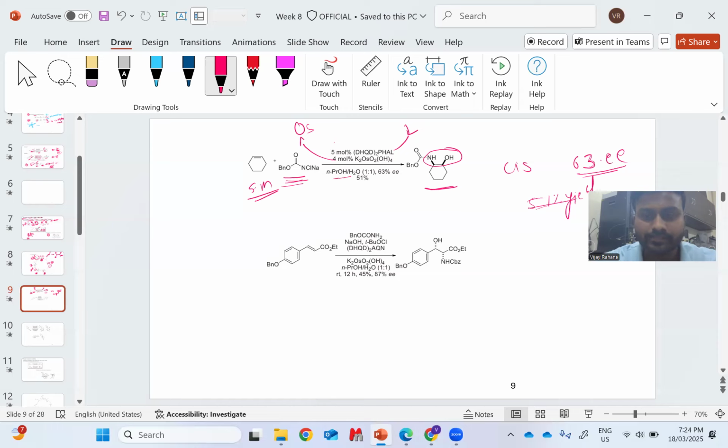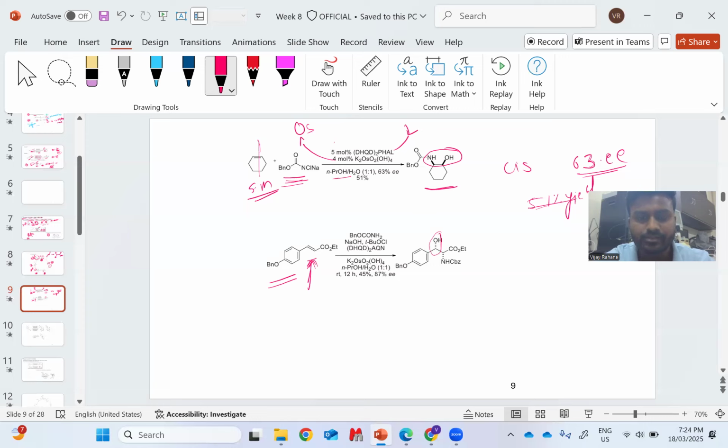Now look at another example, in which the regioselectivity also matters. In the previous example, the starting material has a plane of symmetry, a symmetric molecule, and it doesn't matter at which position the amine group is attached and at which position the hydroxyl group is attached. But if you look at this ester compound, you can see the stereochemistry here.